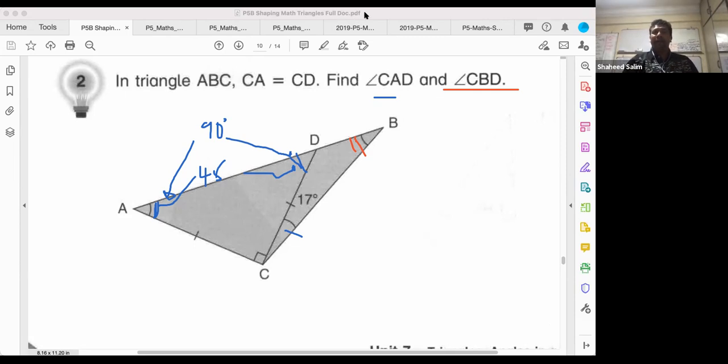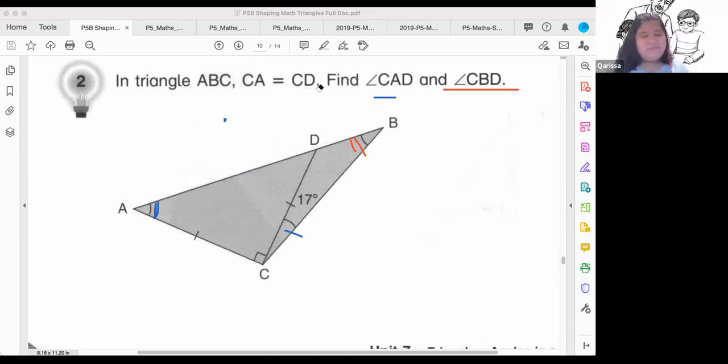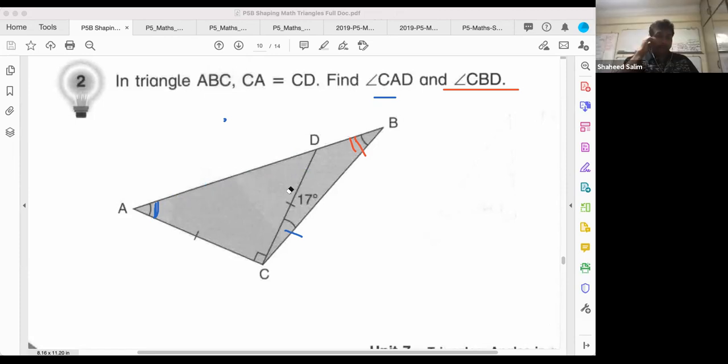Okay, let us see now. We are going to erase this one by one. This is a little bit tricky, yeah. Carissa says that she is correct. Wow, she's very confident. Okay, so let us see whether she's correct or not. First of all, we agree just now. We already did CAD. CAD is 45.